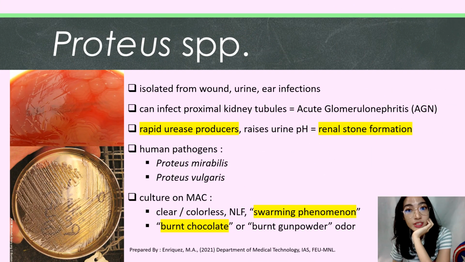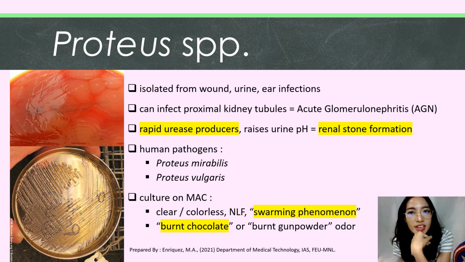Next is the Proteus species, commonly isolated from urine, wound, and ear infections. So they can also infect the proximal kidney tubules and cause acute glomerulonephritis, or AGN. They are not simply just urease positive, but they have also been noted as a rapid urease producer. So here's the thing.